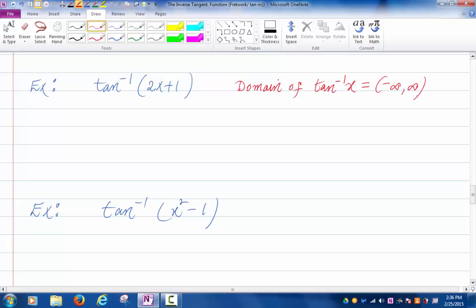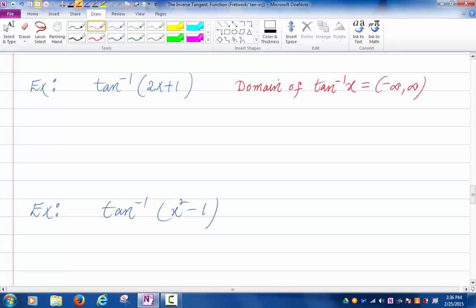What question do you ask when you look into a domain question? You think about what are the valid values of x, right, for which my expression makes sense. The question is, can x be any real number? In my expression, tangent inverse of 2x plus 1, does it make sense for any real value of x? That's what you want to ask.